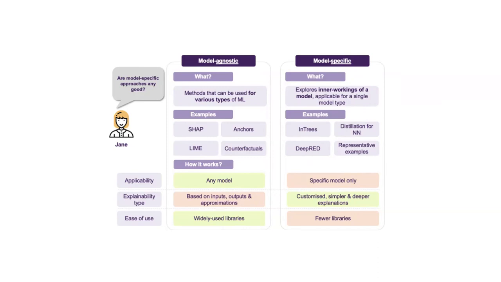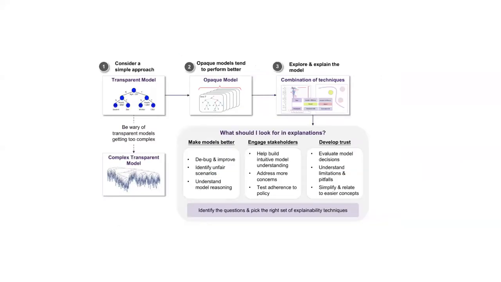It turns out anyway that model agnostic techniques also are somewhat more popular because they can be applied to a range of different models and different architectures, and model specific techniques turn out to have fewer libraries and so on, okay? In some sense, using a combination of these two is a good thing when you're trying to convince a stakeholder about what the model is doing.